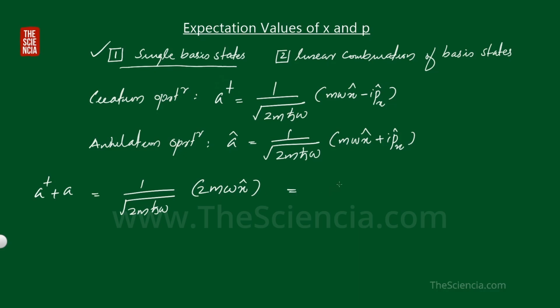Okay, so that is root 2m omega by h cross into x cap, right? Therefore, I can write x cap is equal to root h cross by 2m omega times a dagger plus a.